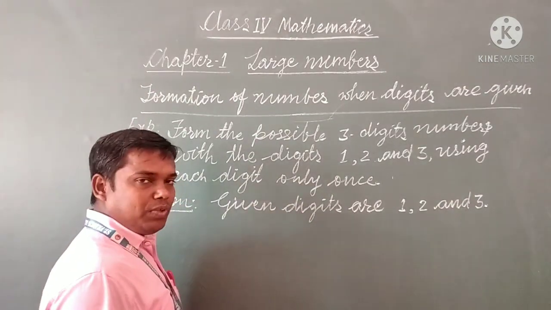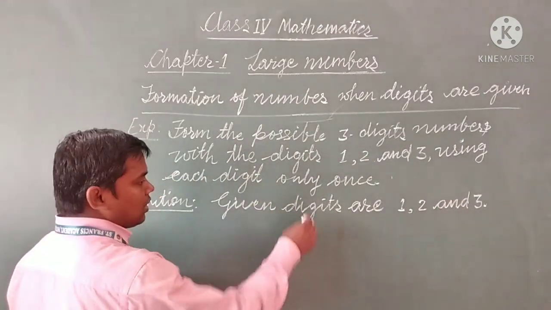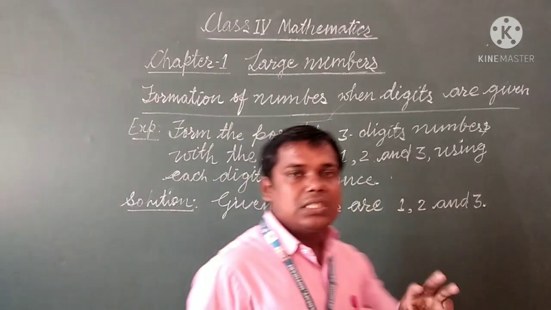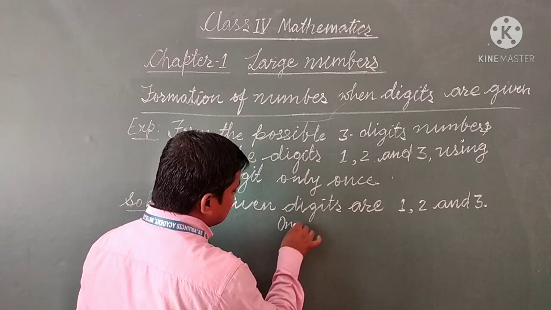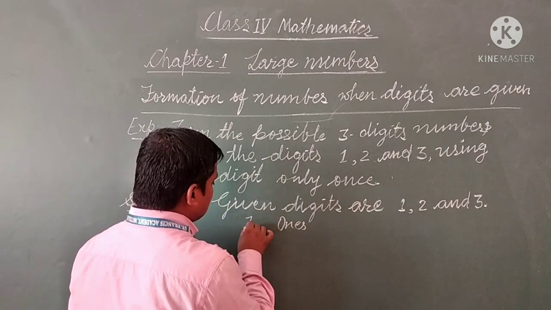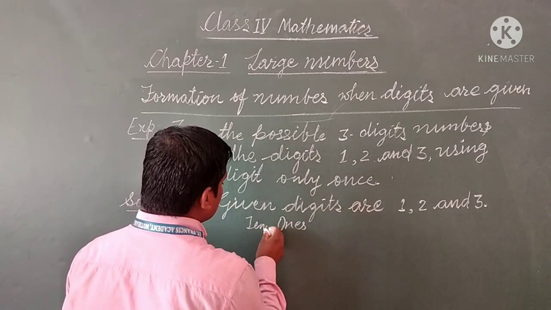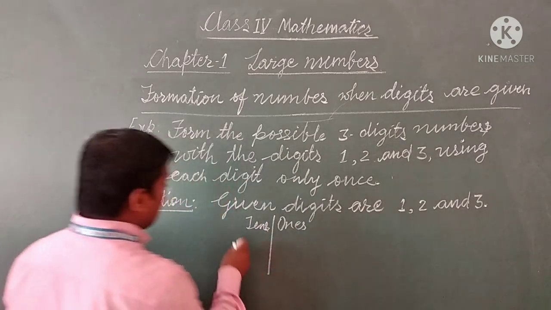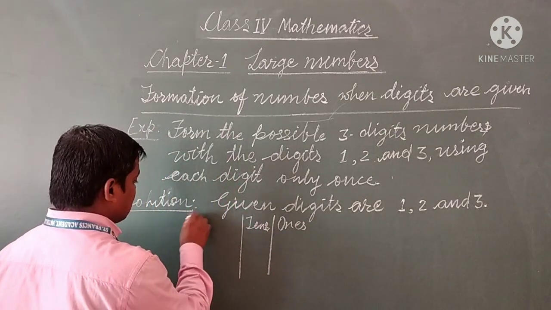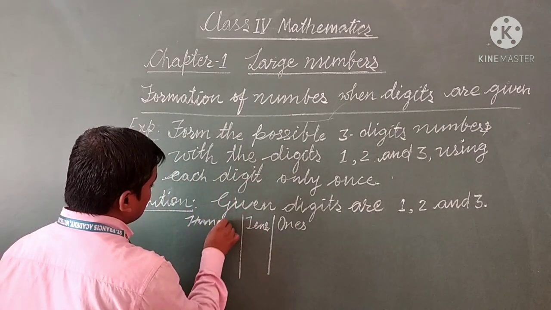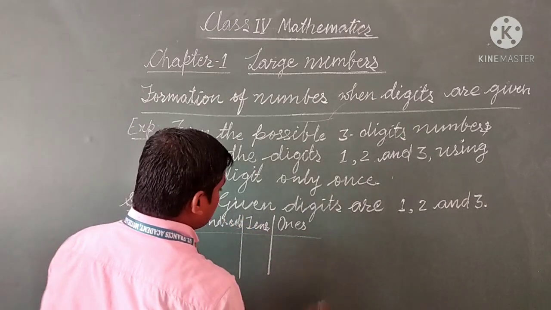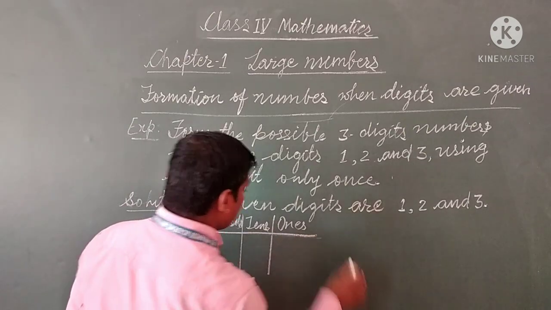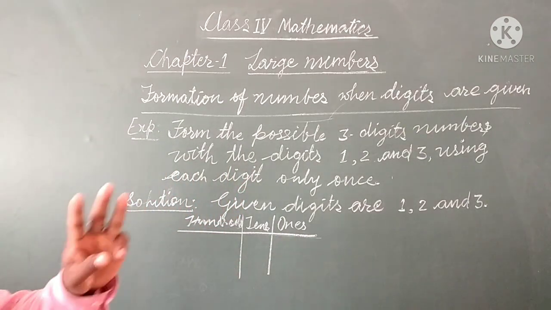So, as you know, in 3-digit numbers we have 3 places, and these places are ones place, tens place, and hundreds place. These are the 3 places we have in a 3-digit number.